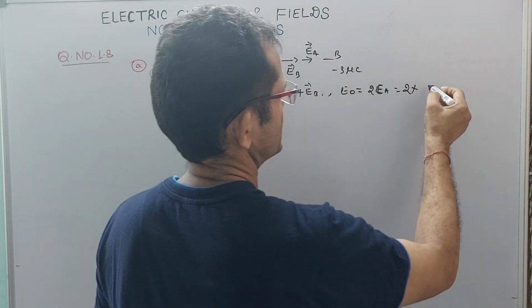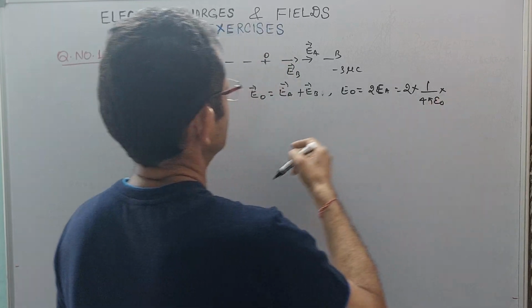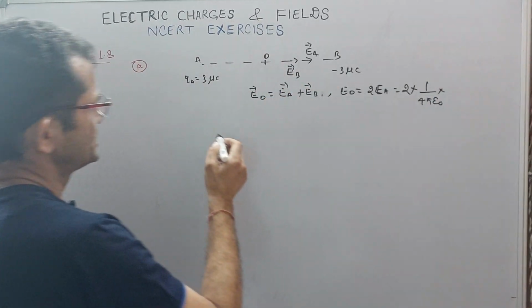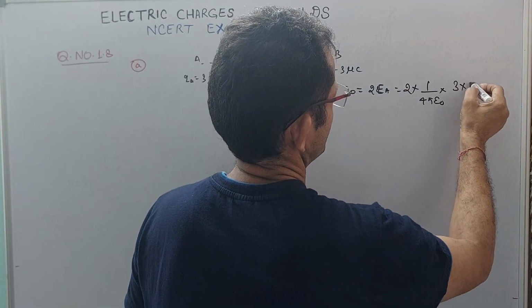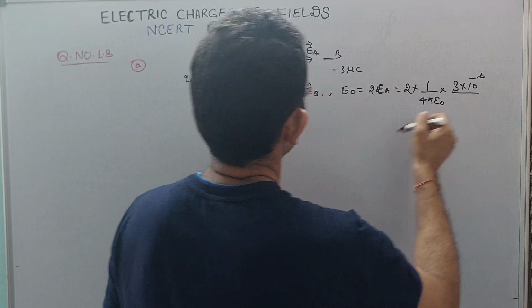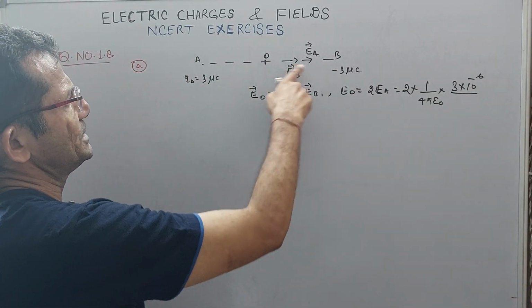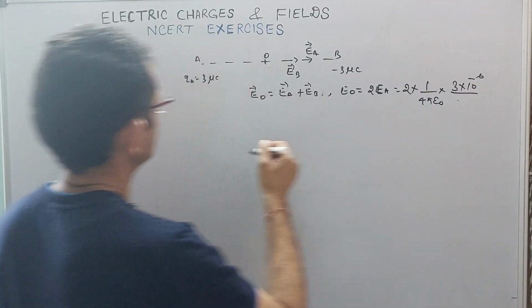The formula of the electric field is 1 upon 4 pi epsilon naught, taking the charges, because both are 3 microcoulomb and equal in magnitude, 3 micro meaning 10 to the power minus 6, and the distance OB whole square.